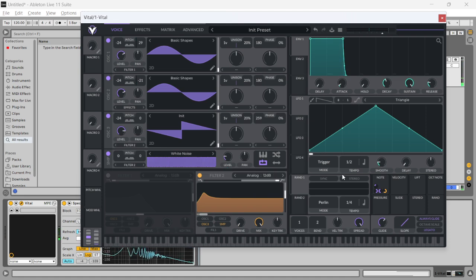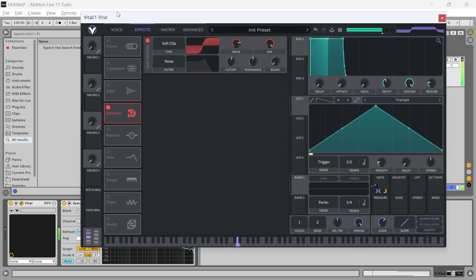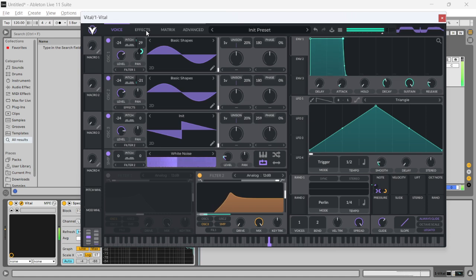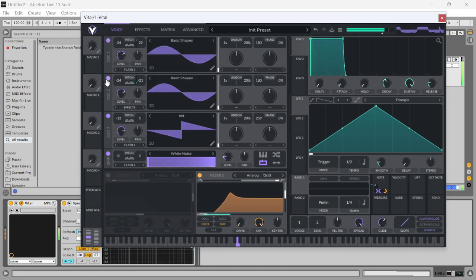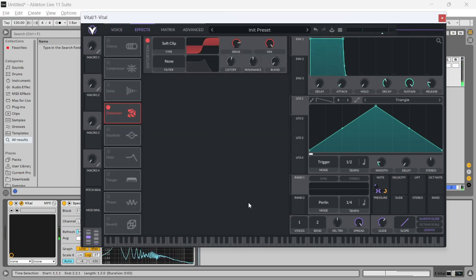Now, yeah, okay. Anyways, so we got the basic sound. Nice. Okay. So let's do some post processing on this. Not really post processing. We're still in the synth.